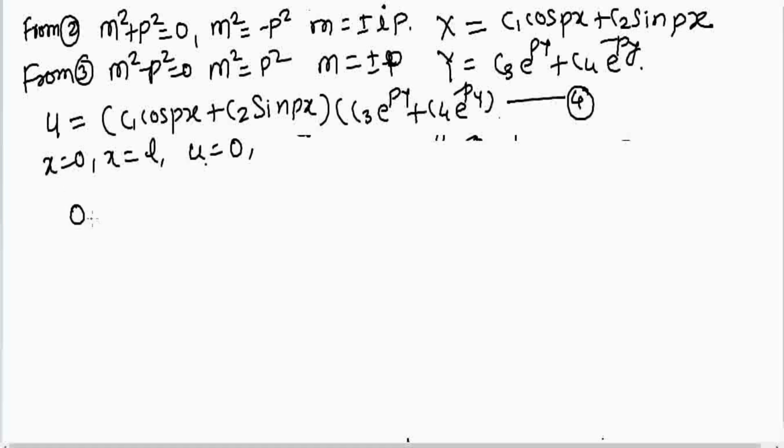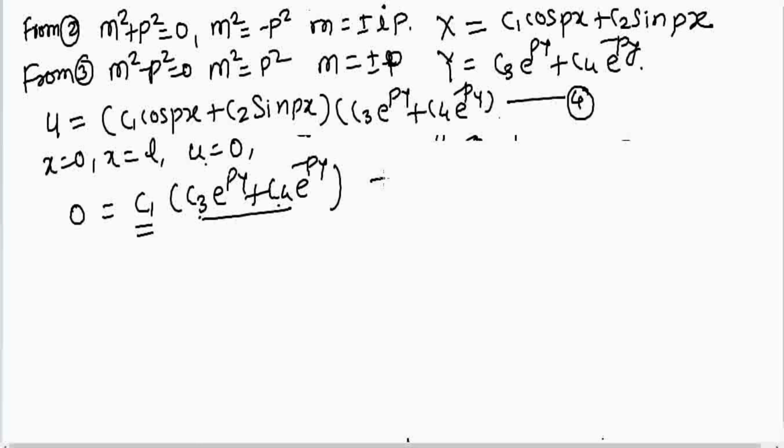So if we impose this condition on this solution, put x equal to 0 here, 0 is equal to c1 into c3 e raised to py plus c4 e raised to minus py. And look at this, this term c3, c4 cannot be equal to 0, so the only possibility is c1 equal to 0.